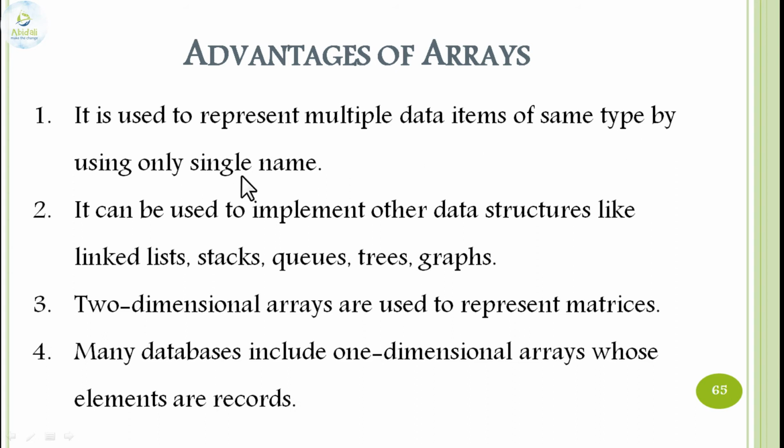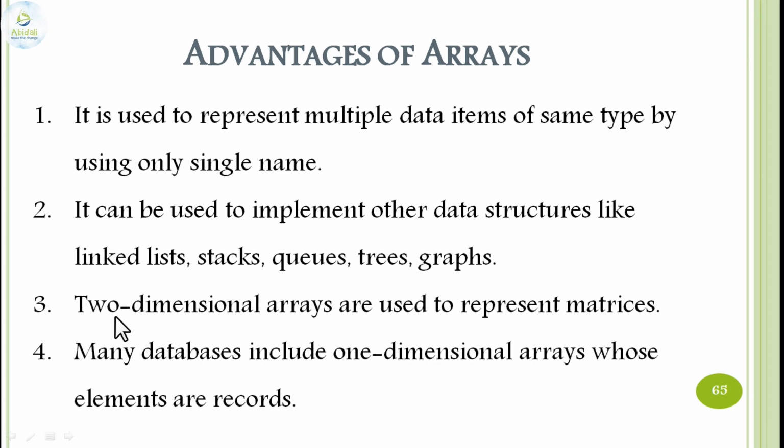So by using a single name, you could store the elements belonging to the same data type and access them later whenever you require by the help of index or indices. So it can be used to implement other data structures, just what we have discussed in the applications, like they are used in linked list, stack, queues, tree, graphs, etc., which we'll be discussing in upcoming classes, where we'll see how they are implemented using arrays.